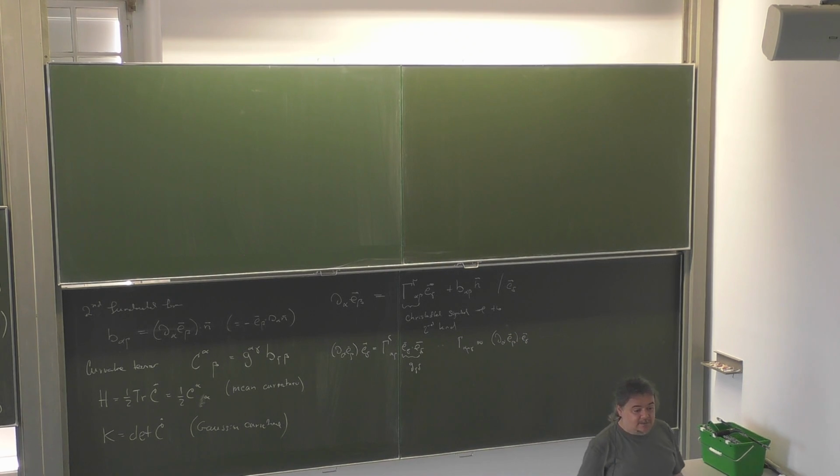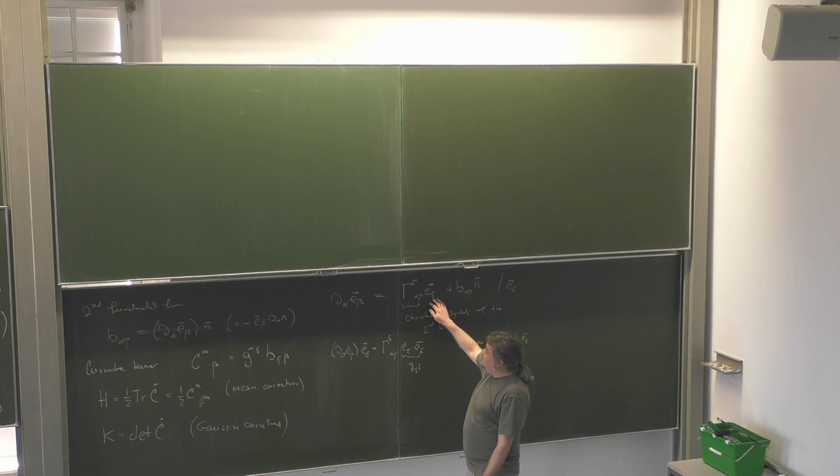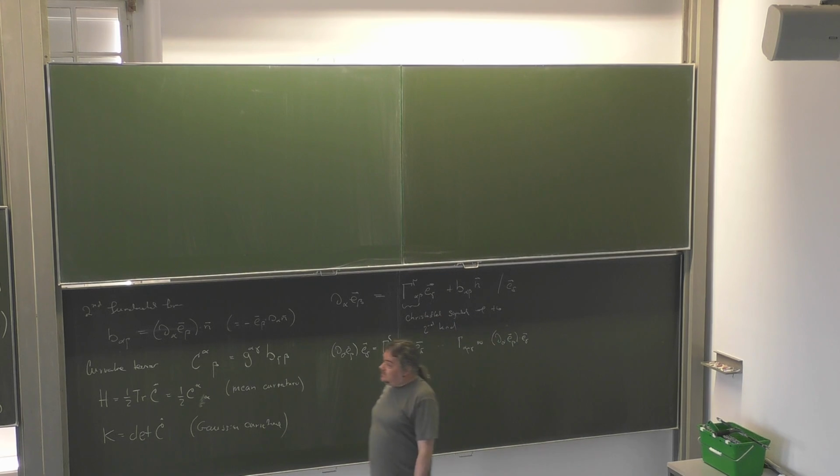What is E gamma, E and E delta? So these are the basis vectors. These are the same vectors. I'm just using different letters to denote them.